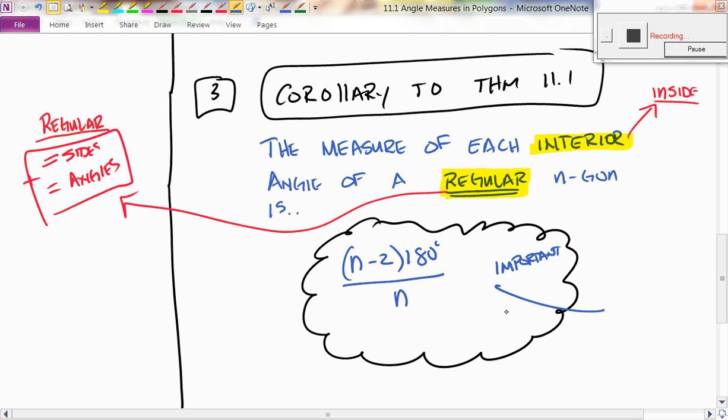That is important, and remember it must be regular in order for that to work. And regular means equal sides and equal angles. So this is a corollary to Theorem 11.1. The measure of each interior angle of a regular n-gon is n minus 2 times 180 over n. So you just divide by the n.